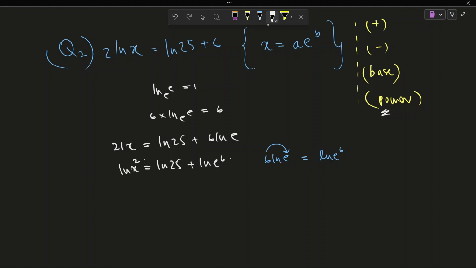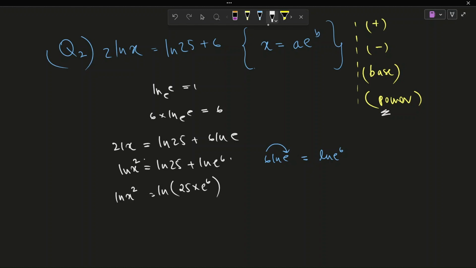Now, since that's sorted, let's apply the addition rule to the right hand side because we see a plus. So ln x squared equals ln 25 times e to the power 6.